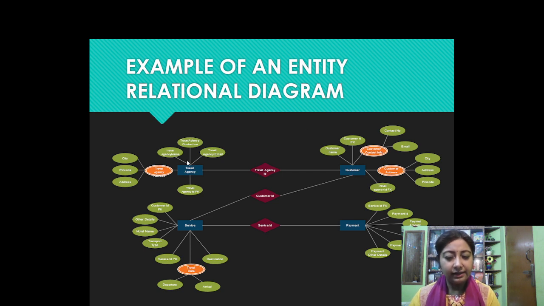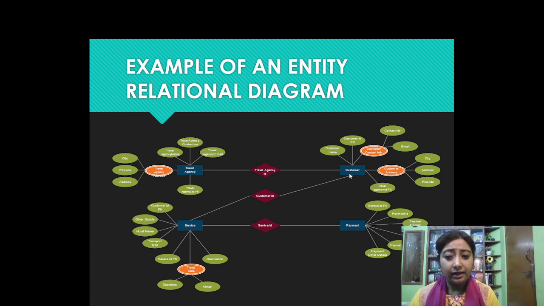Now this ER model has four entities: travel agency, customer, service and payment. These four entities are related by relationships. For example, travel agency and customer are related by the relation travel agency.